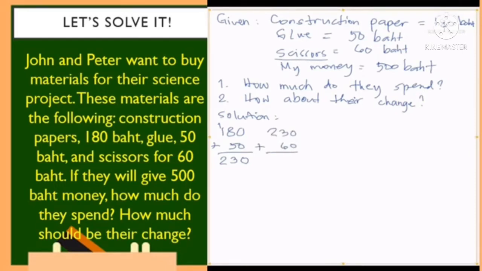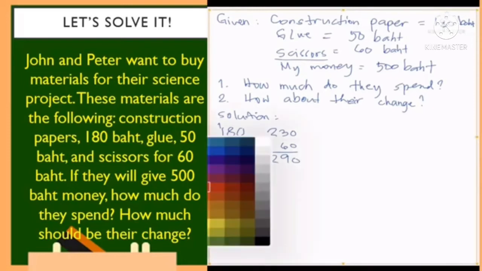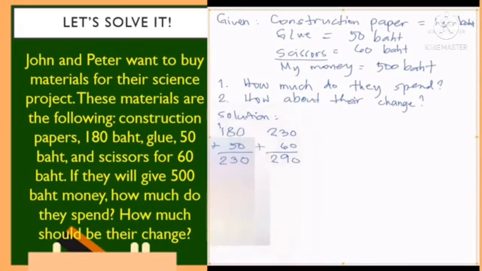Okay, what is 0 plus 0? 0. 3 plus 6? 9. Very good. And then 2 plus nothing. There's a number. That means you will just copy. So we have the final sum of all the materials, which is 290. This is the total.